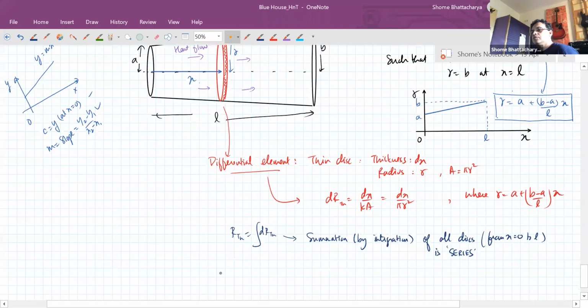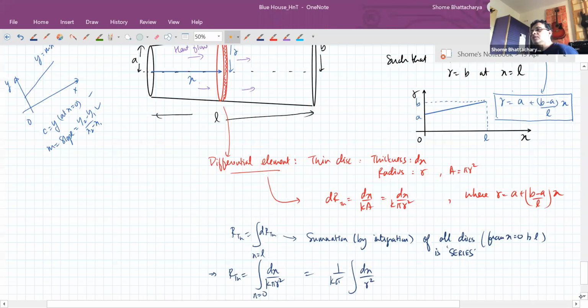So further, while doing the integration, there's a little bit of trick involved. Sorry, there's a K also over here, from x equal to 0 to x equal to L. So you can of course bring your K and pi outside the integration because they are constants.